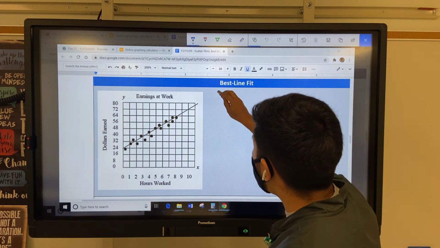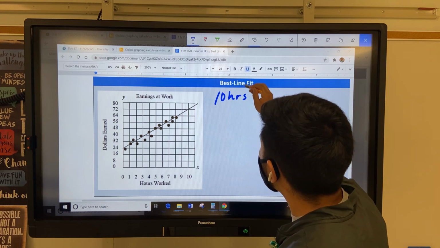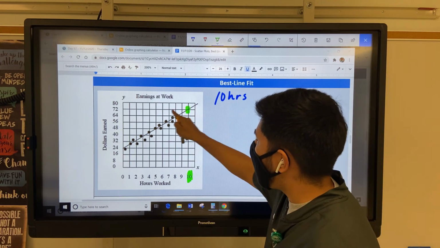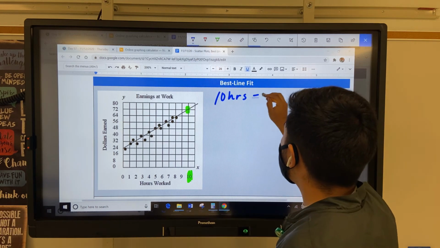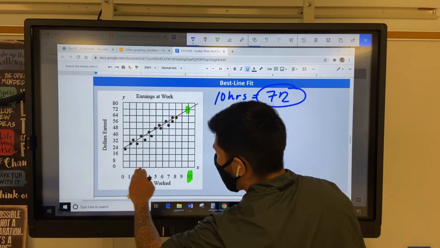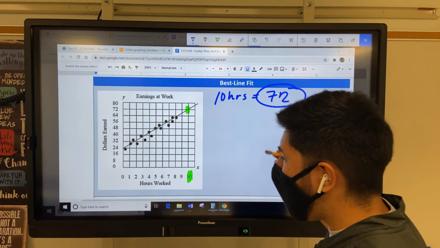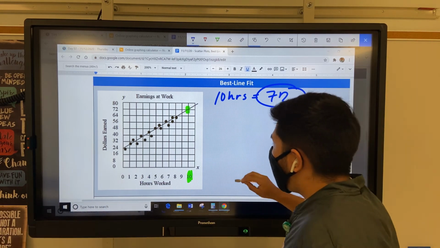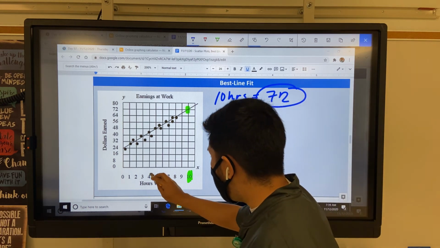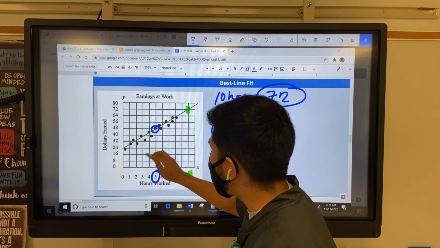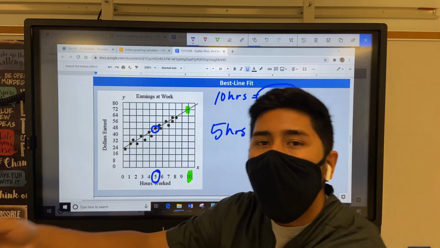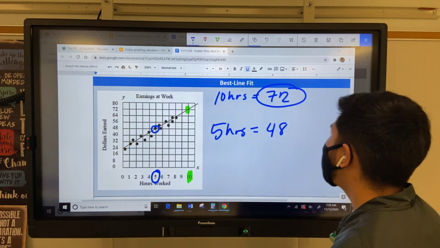If I work 10 hours and I go right here, it should be somewhere around there, which is 72, because I'm approximating, okay? If it's somewhere in between, let's do, I don't know, 5 hours. Boom, go up. Okay, it's that point. Looks like I'm making $48, and so on and so forth.